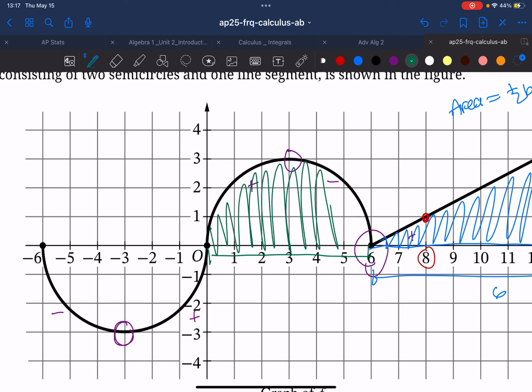And we know that this is made of semicircles. The area of a circle is pi r squared, where the radius here would be 3, but it's only half a circle, so we're only going to do half of that area.